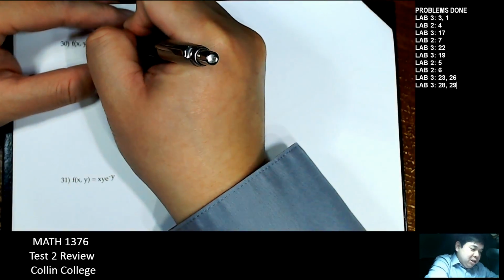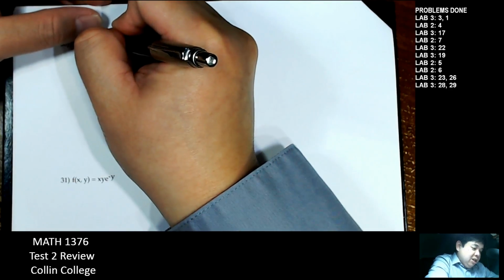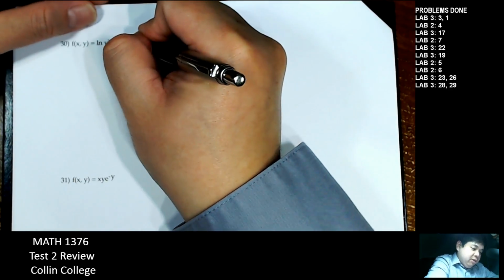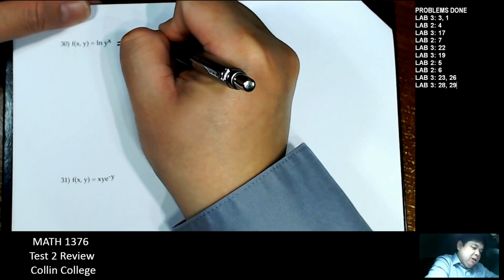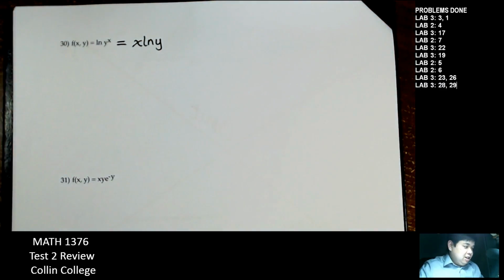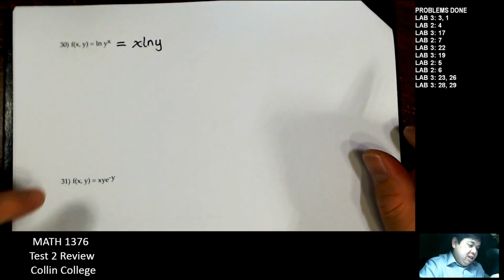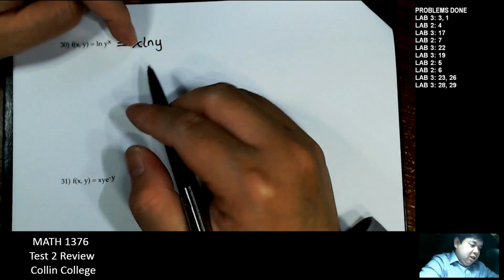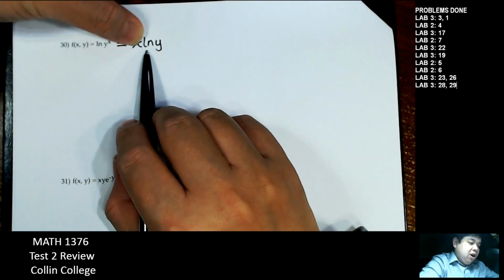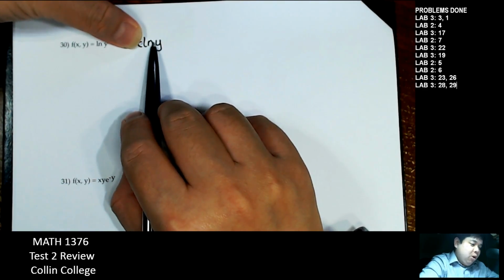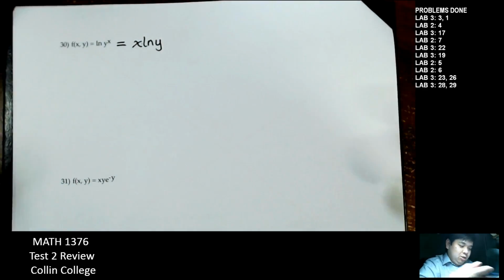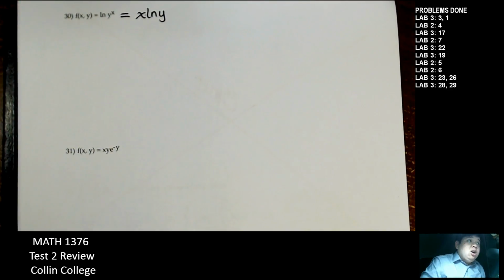I will not do it, but I'll just give you a little hint. This is x power. We'll bring it down. Now do it like that. And derivative should be extremely easy to do. So x is a constant, derivative of this with respect to y, then with respect to x. Should be simple.